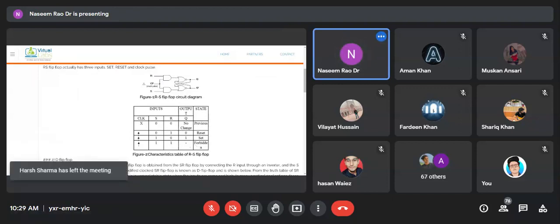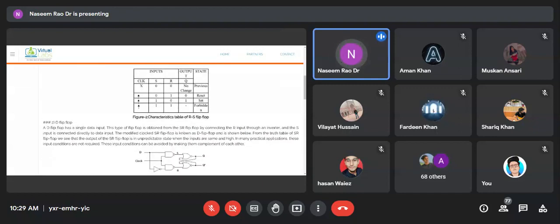And when we put S is 1 and R is 0, the output is 1, and this is the set state. And then if we put 1, 1, it is the forbidden state. So there are 4 input combinations: 00, 01, 10, 11. In the practical, in the lab, in the simulation, you have to prove these states by putting 00, 01, 10 and 11.